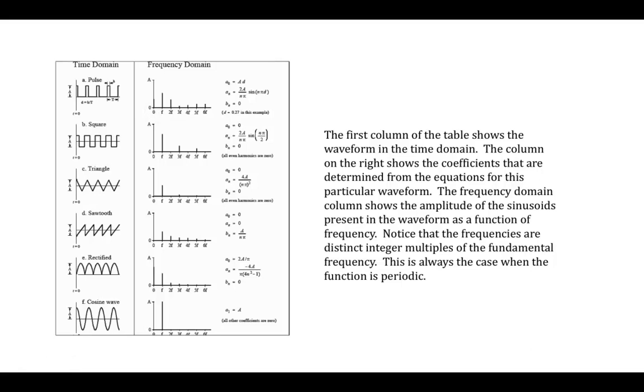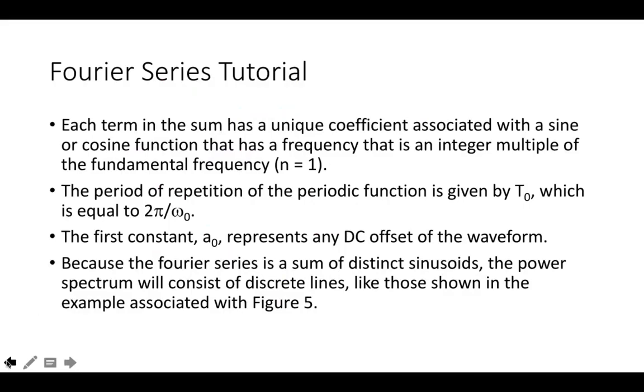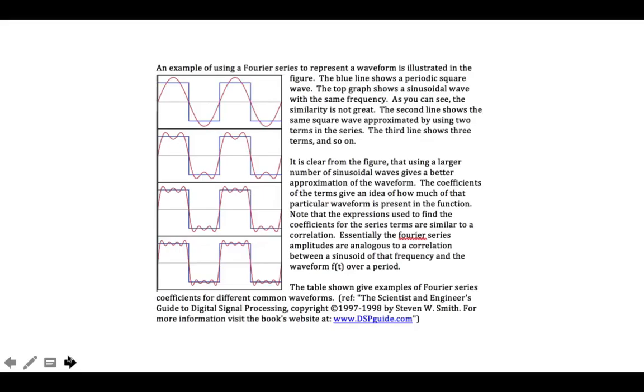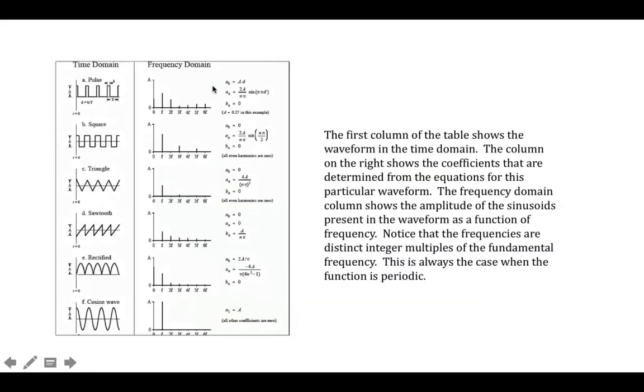I think they've made everything positive, but I'm actually not sure about that. So you can see that here are the coefficients. And in this case, all of the cosine terms are 0. Actually, you know what? I think that's sine terms. Let's go back. I think I kept my equation consistent. Yes, the B's are the sine terms. The A's are the cosine terms.